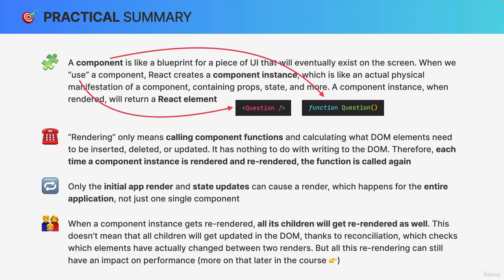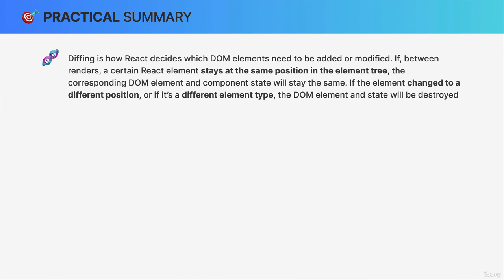Now, one of the main parts of this reconciliation that I just mentioned is diffing. So, diffing is how React decides which DOM elements need to be added or modified later. Now, if between two renders a certain React element stays at the same position in the element tree, the corresponding DOM element and the component state will simply stay the same.